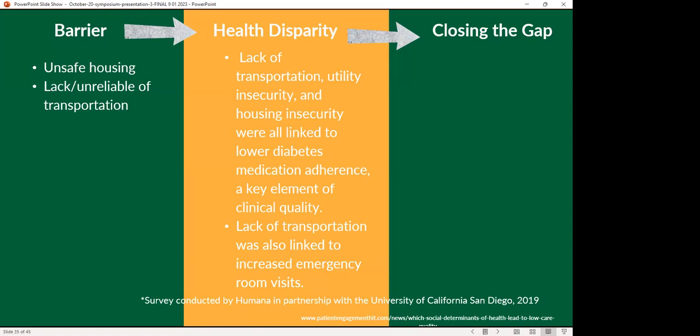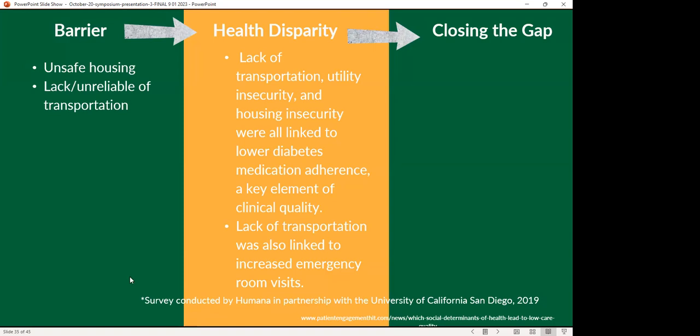And lack of transportation was also linked to increased emergency room visits. And this was also part of that survey that I had shared with you in the previous slide with Humana and Medicare patients with type 2 diabetes, the one that resulted in at least one social determinant of health.